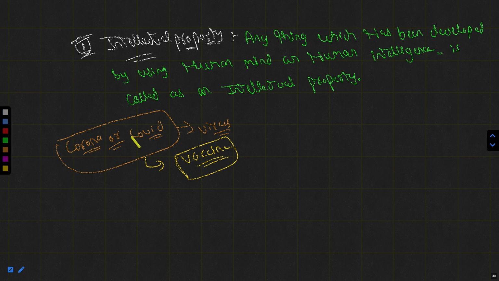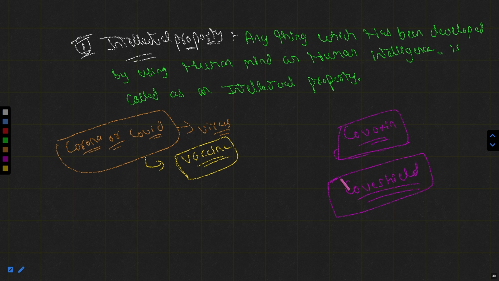That was our main aim. During this time, vaccines like Covaxin and Covishield were developed in India.